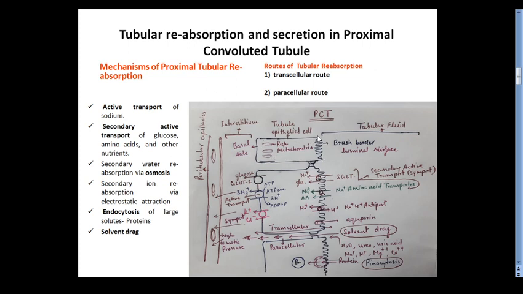The epithelial cells of the proximal convoluted tubule have some peculiarity. The luminal side of the cells has microvilli, and these microvilli make the appearance of a brush, so they are called the brush border. The presence of these microvilli increases the absorptive surface area approximately 20 times.